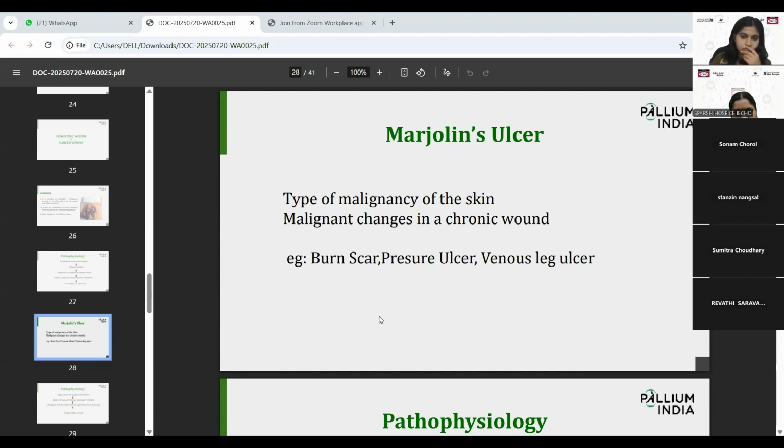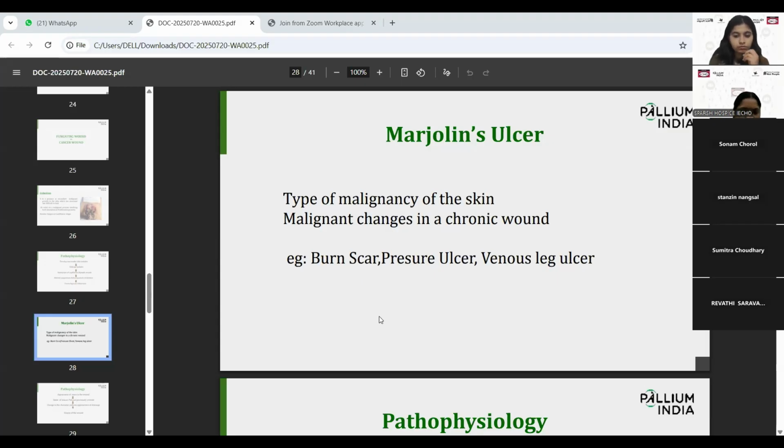The previous one happens suddenly through the malignant wound, but the second one, Marjolin ulcer, happens through a prolonged chronic wound or scar. Okay, untreated wounds also will lead to Marjolin ulcer.